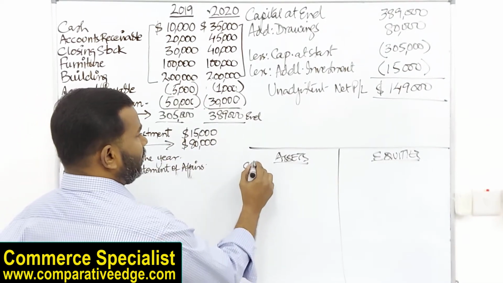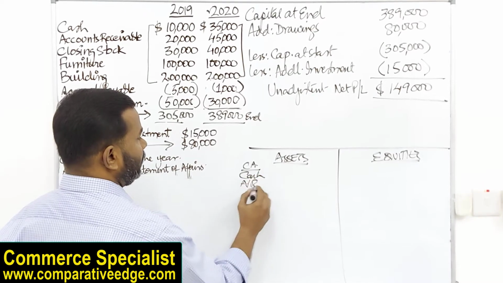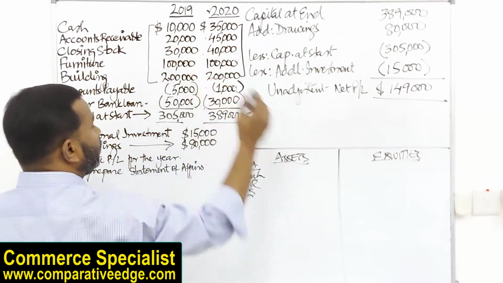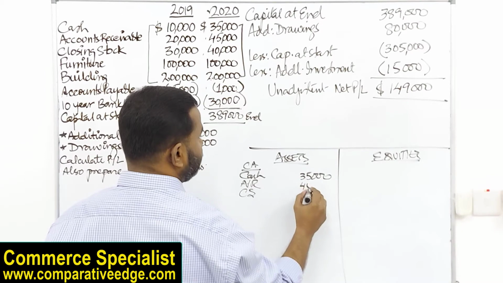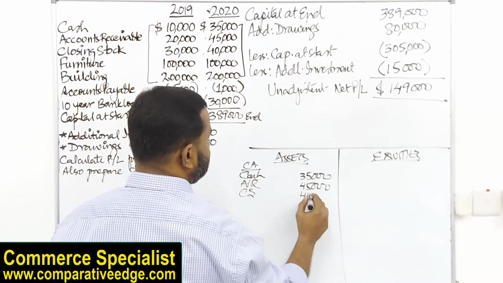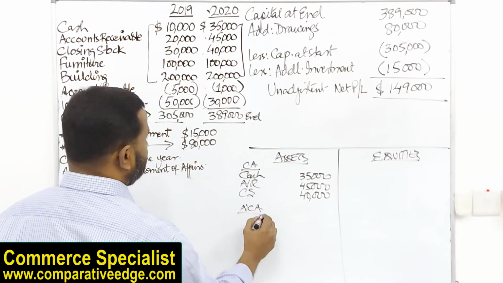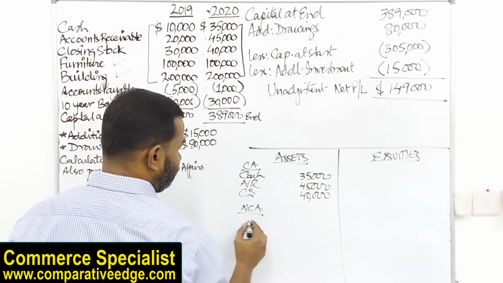So I'm taking the current assets, which is cash, accounts receivable, closing stock. Cash is 35, accounts receivable 45, closing stock 40. So 35,000, 45,000, 40,000. These are all my current assets. I also have non-current assets, which is furniture and building, 100 and 200,000.